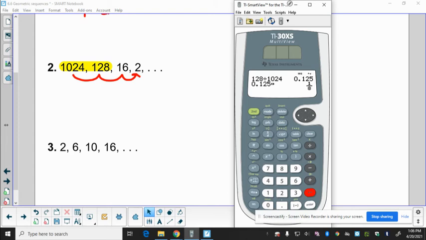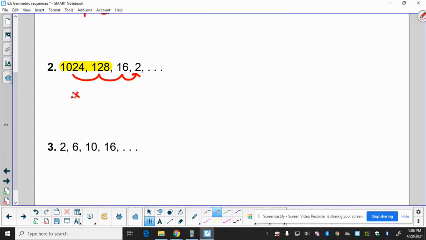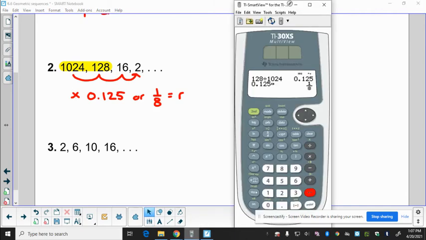Now, does that work though? 0.125. So I'm thinking that this is multiplying by 0.125 or 1/8. Now, I'm thinking that's a common ratio, but I don't know if that's true, so I need to test that. So let me clear this out. I'm going to put my first number in here, press equals, and I'm going to start multiplying this by 0.125.